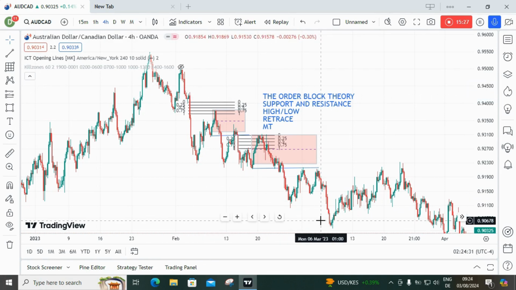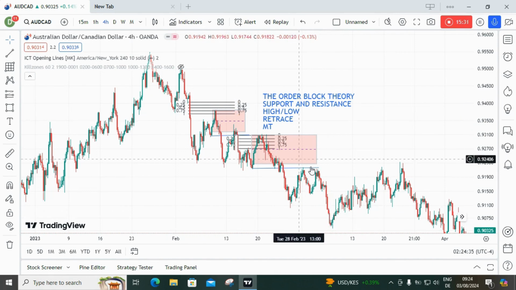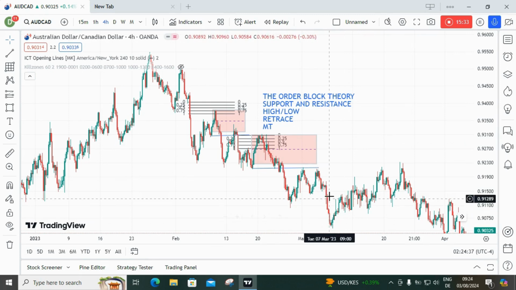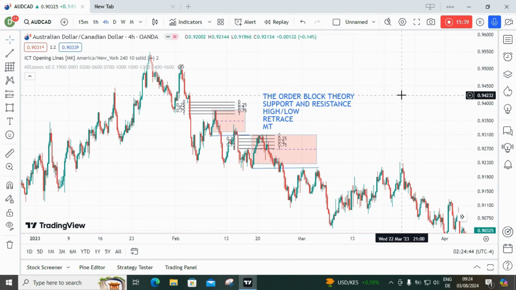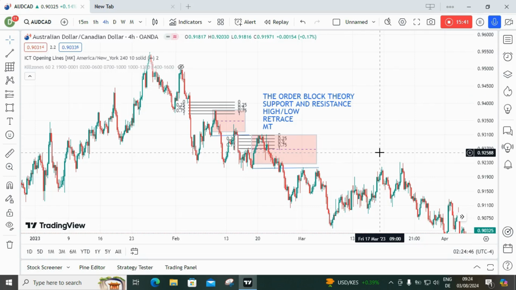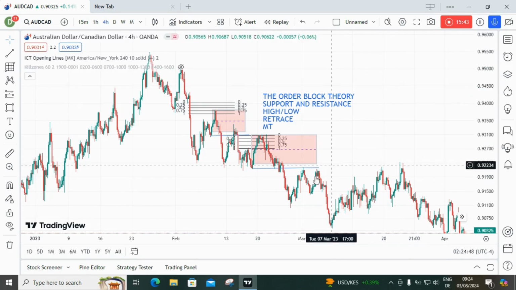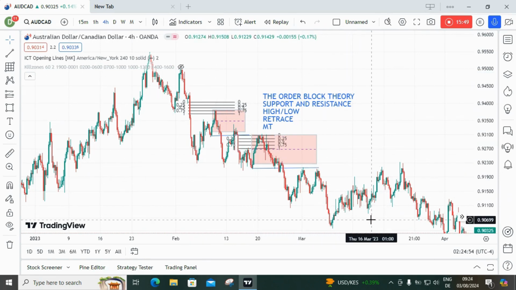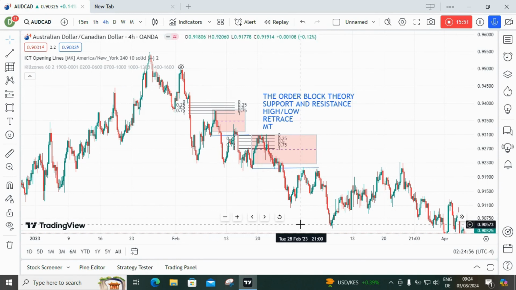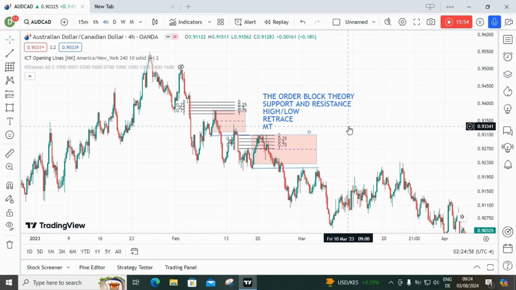When these down close candles, when these order blocks start to be violated, when price starts violating these order blocks in the downtrend and starts creating more up close order blocks, that is when we shall know that the trend has changed and now we are no longer in a bearish trend, and we shall ride the market according to the new trend that we'll have created.